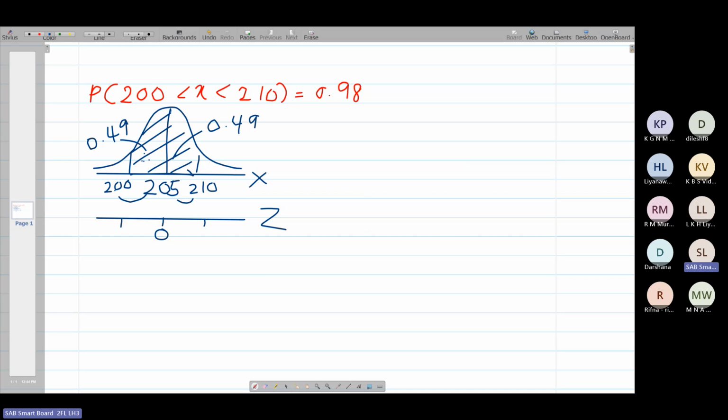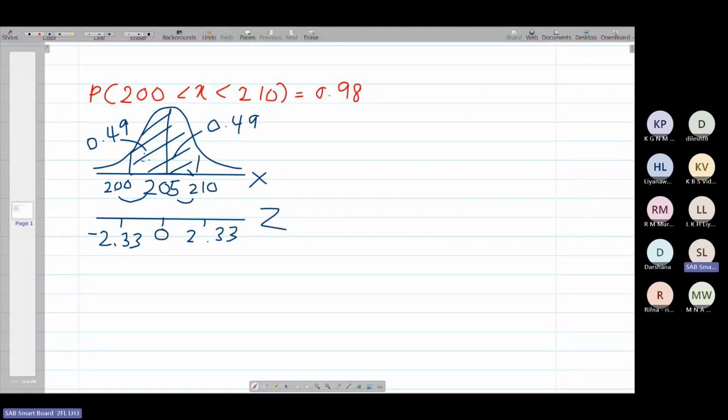Then we write here minus 2.33, and here plus 2.33. Minus value and plus value. It's there. Here minus, here plus.